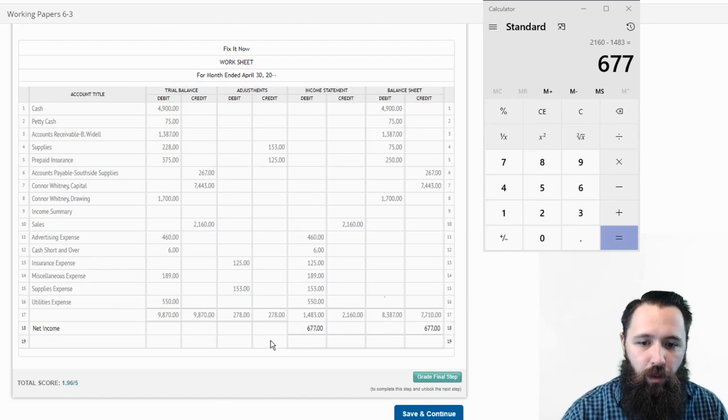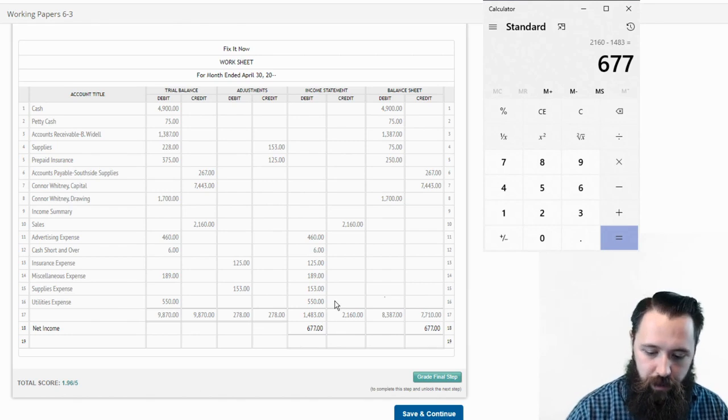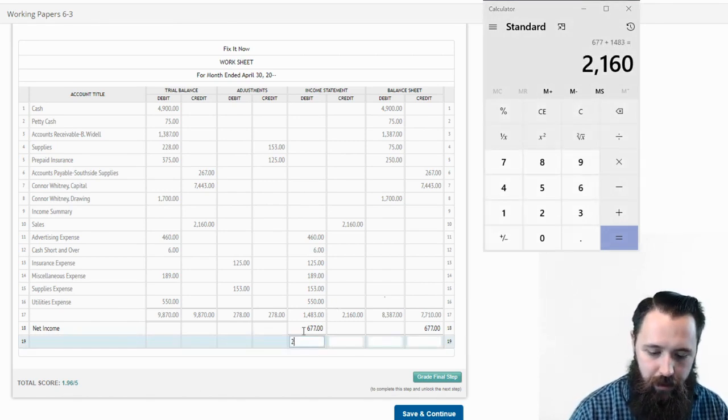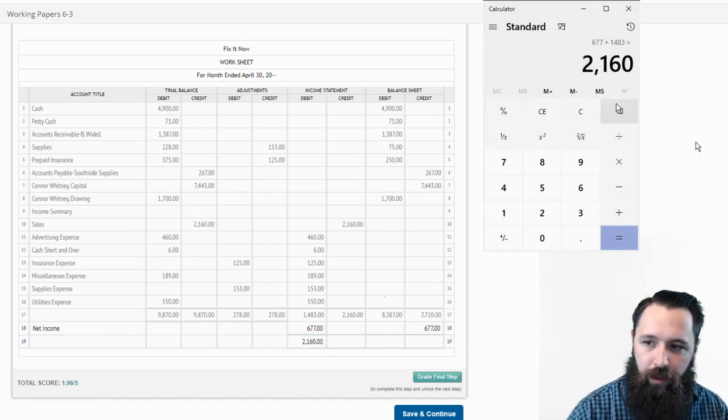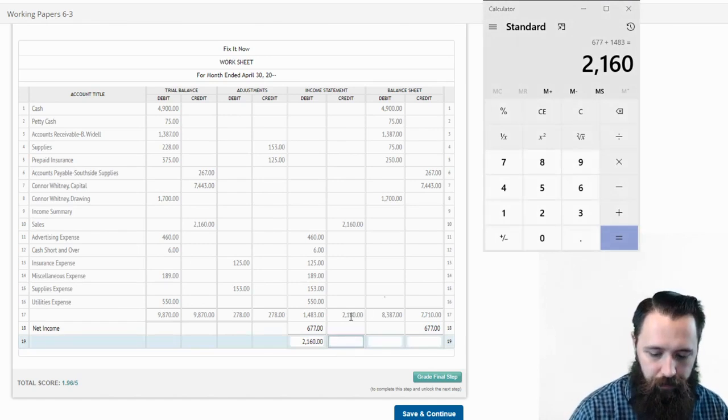After that, we're going to draw a single line, and now we're going to add up our new totals. So I have 677 plus 1,483. It's going to equal 2,160. Over here, I'm going to just bring down this 2,160.